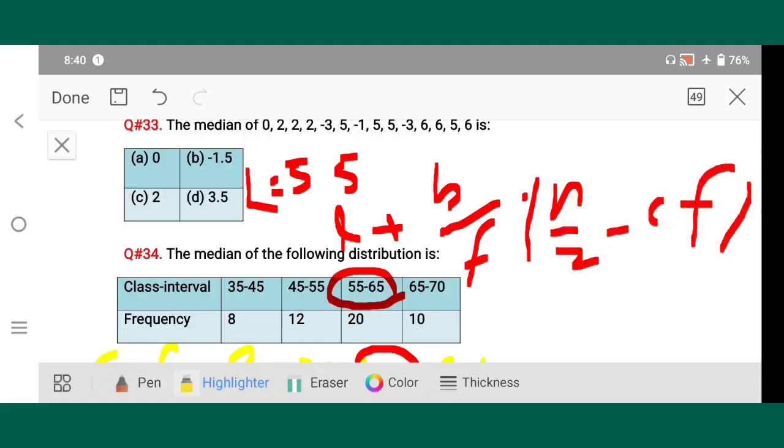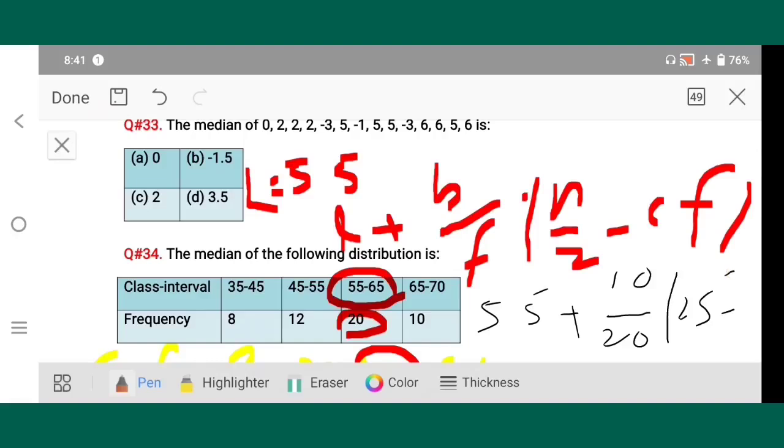So L is 55 plus h. Subtract 35 from 45, it gives 10, so 10 is the class interval, and f is 20. n by 2 is 25.